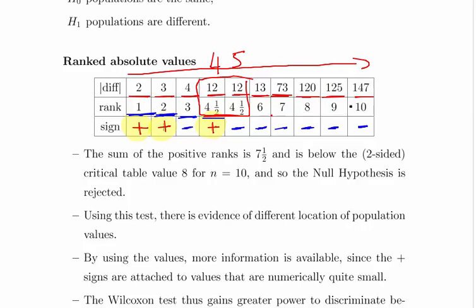Now I'm going to calculate the rankings for the positive ones and the negative ones. If I add up the rankings for the positive group, I get 1, 2, and 4.5. For the negative ones, I get 3, 4.5, 6, 7, 8, 9, and 10, which is forty-something.